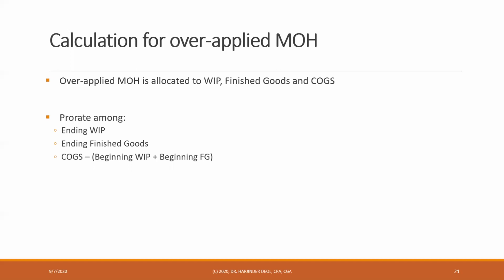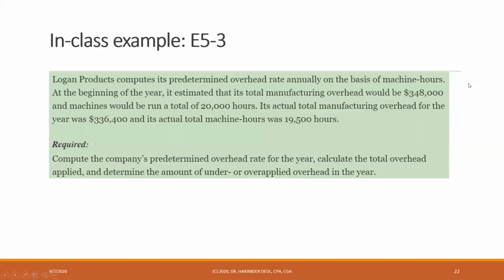But for now, here we have example exercise 5-3. Logan Products calculates its predetermined overhead rate annually on the basis of machine hours. At the beginning of the year, it estimated its total manufacturing overhead will be $348,000, and machines will be run a total of 20,000 hours.